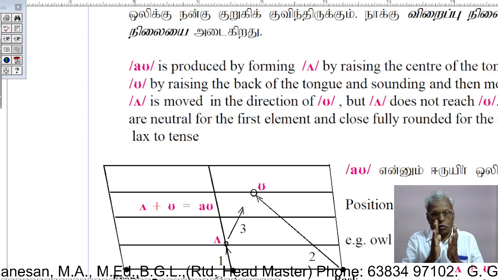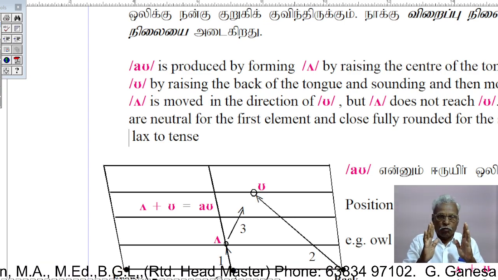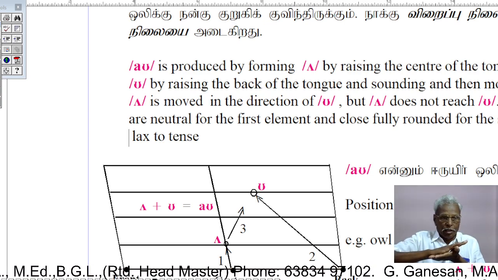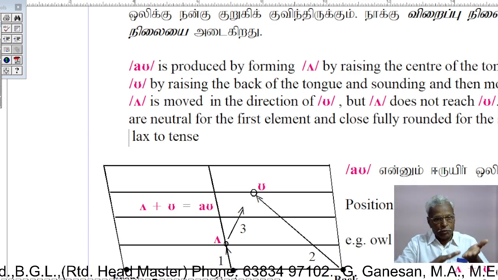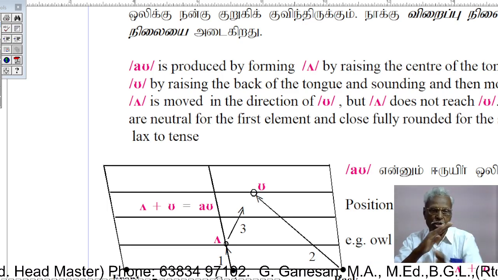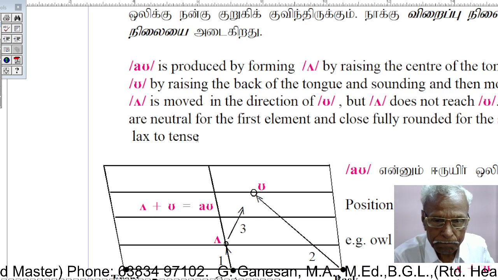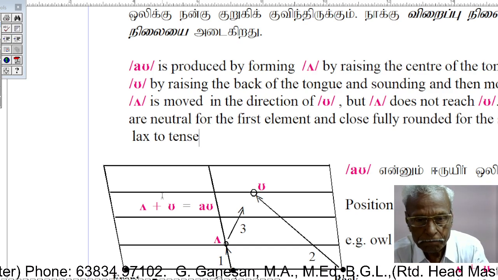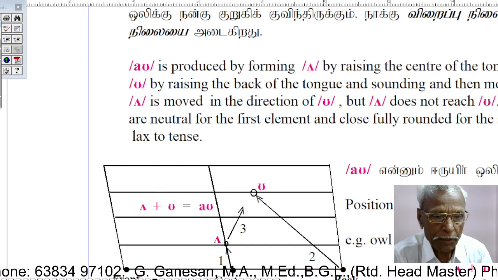For the production of /a/, the tongue is lax. For the production of /ʊ/, the tongue is tense. So the tongue changes from lax to tense position. Let us see the picture.